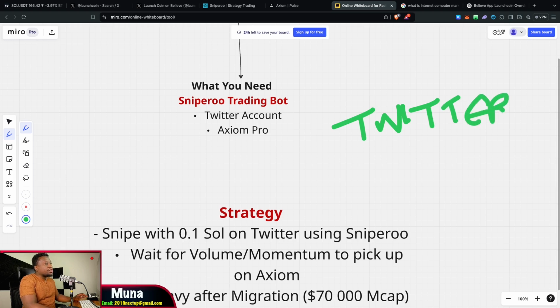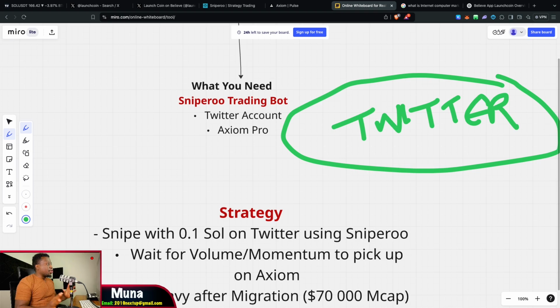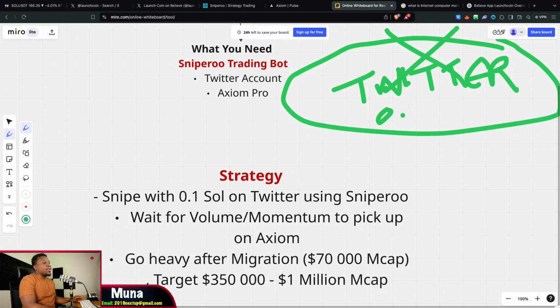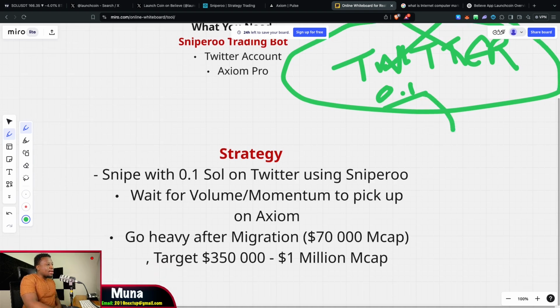Once you identify that, and it's going to be easy for you to do, take a look at what has been performing very well, and the profiles that have already done very well and what people were seeing at that particular moment, so that you can reverse engineer and recreate that potential success. So once you identify a good Twitter account, you go in with 0.1. 0.1 is going to be your first step while you wait for the build up in momentum.